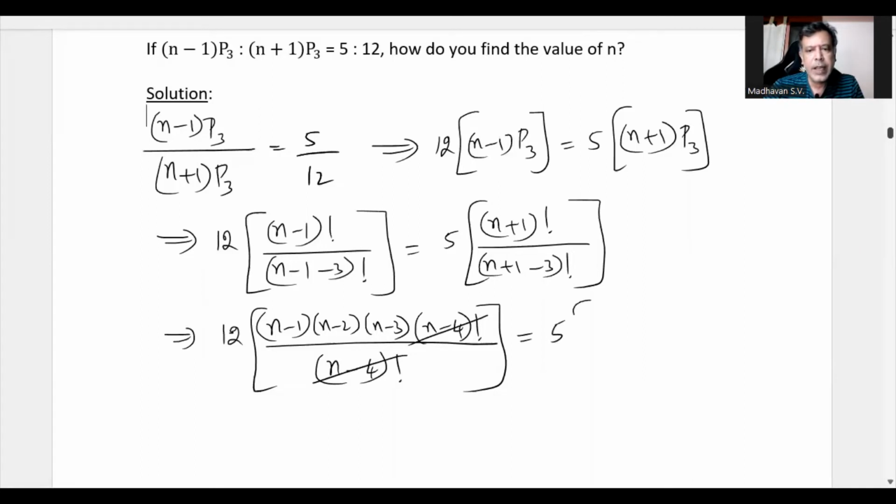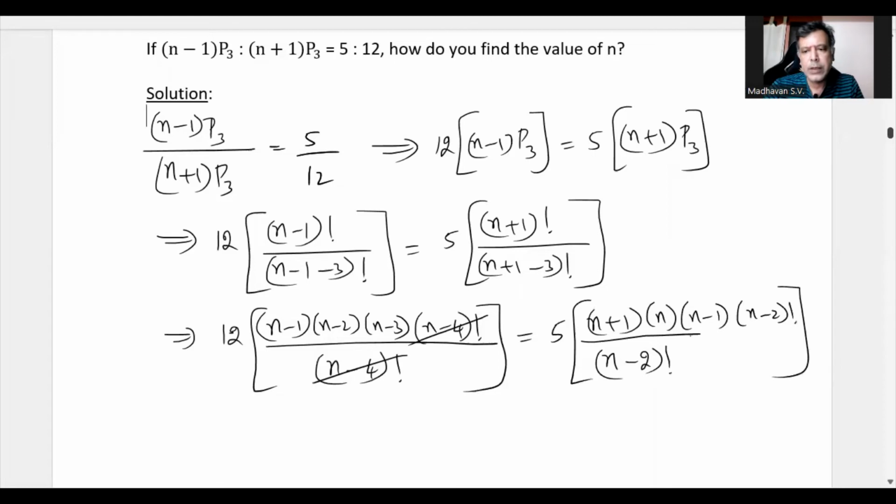Here it is 5 times, the denominator is actually n+1-3, which becomes (n-2)!. So now the numerator can be written as (n+1) into n, and then the next term is (n-1), and then the next term is (n-2)!.